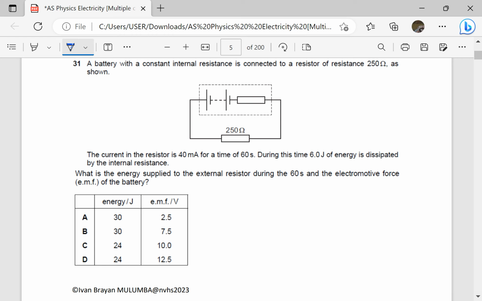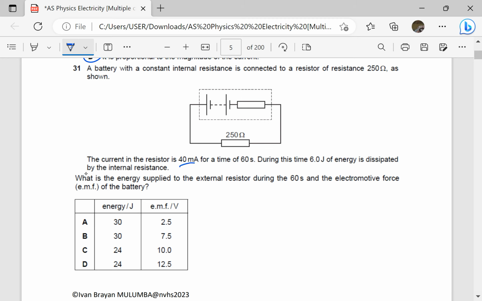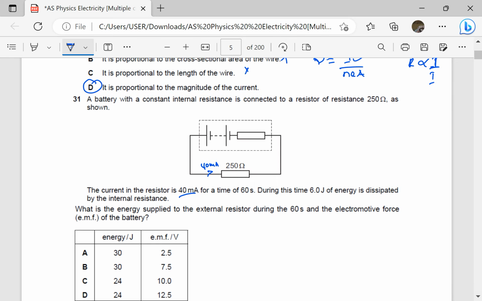What is the energy supplied to the external resistor during the 60 seconds, and the e.m.f., the electromotive force of the battery? Okay. So the current in the circuit is 40 milliamperes. It is the same current here and there.